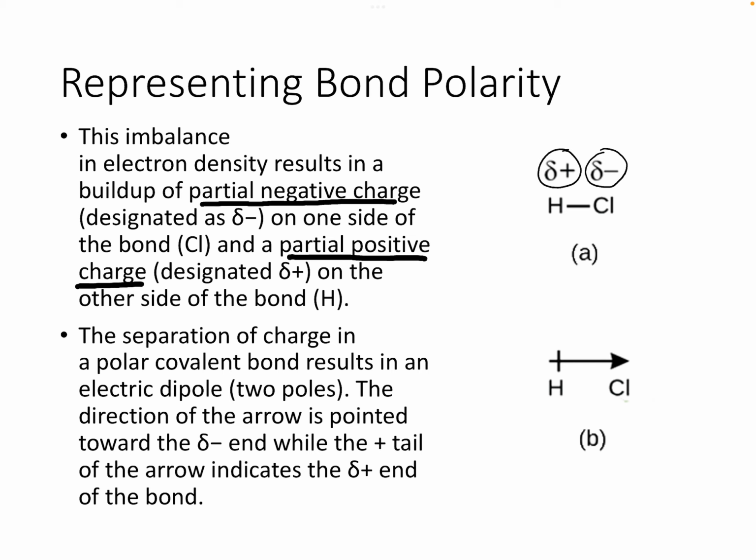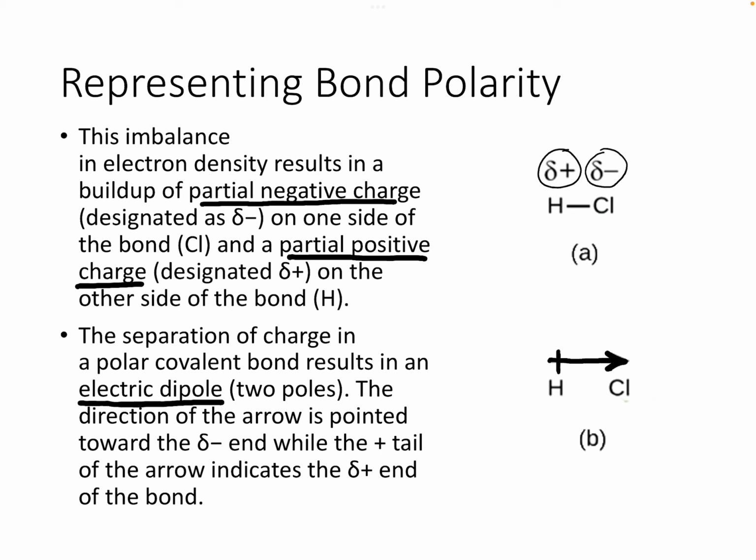Now, the other way to represent it is with an arrow. And down below you can see we've got this arrow here pointing towards chlorine. So that's showing the direction that electrons are typically moving in. And then we put a little positive charge on the side that electrons don't hang out as often. So this separation of charge results in what's called an electric dipole.